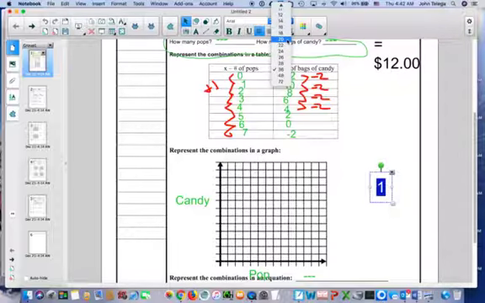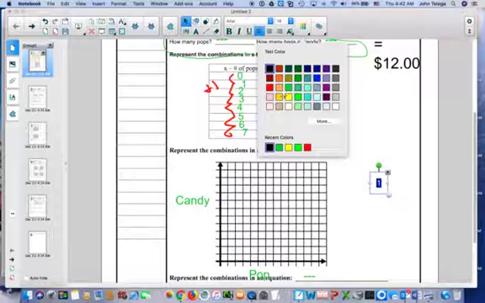I'm going to make my numbers smaller here. And I think I'll make them maybe a nice little blue. Sure. Okay. Or purple's good too. Here we go, purple.